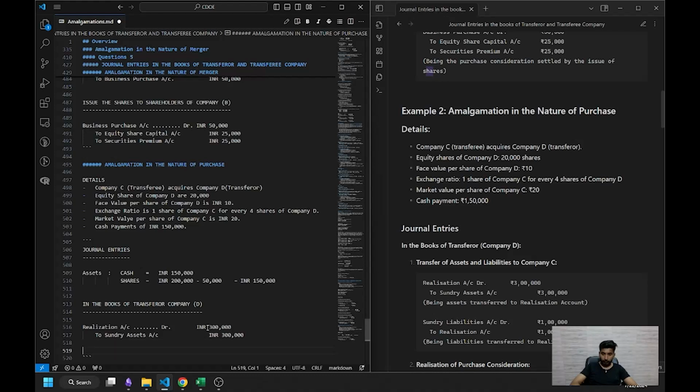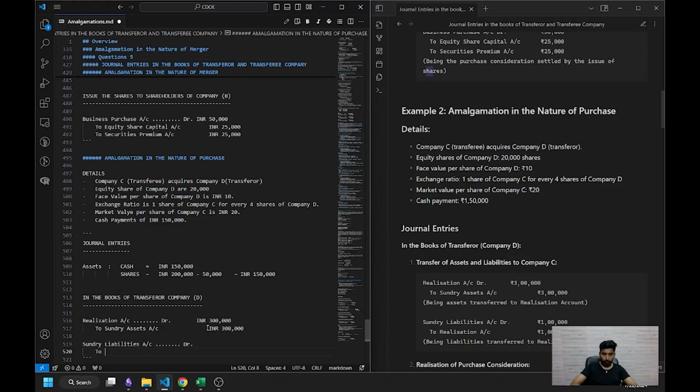Okay. And sundry liabilities account to realization account.